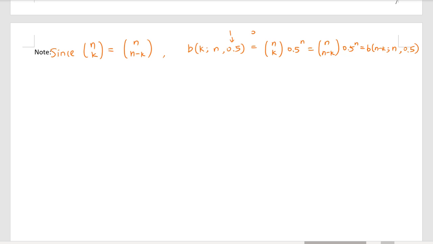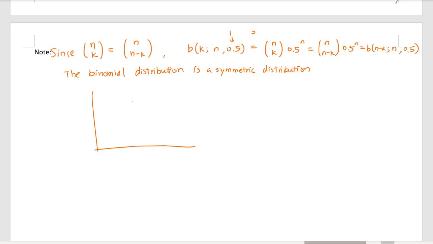Okay, well, what does that mean? Well, it means the binomial distribution is a symmetric distribution. So the picture will look like this.